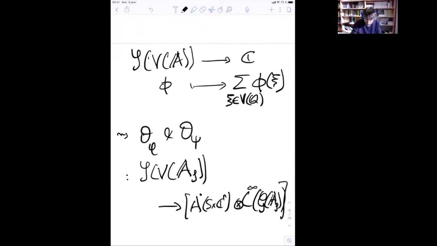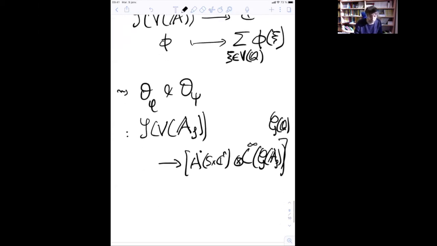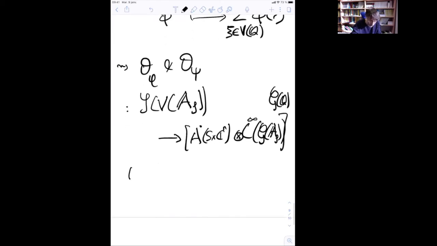I will explain what it means. Let's take, for example, phi. Maybe one of them, phi or psi. The most important for us later will be psi, but let's consider phi. So theta phi is a function that will depend on, first you evaluate it on a finite Schwartz function.